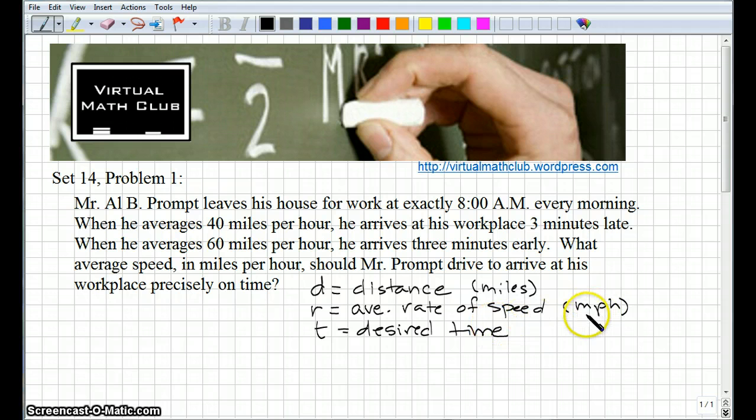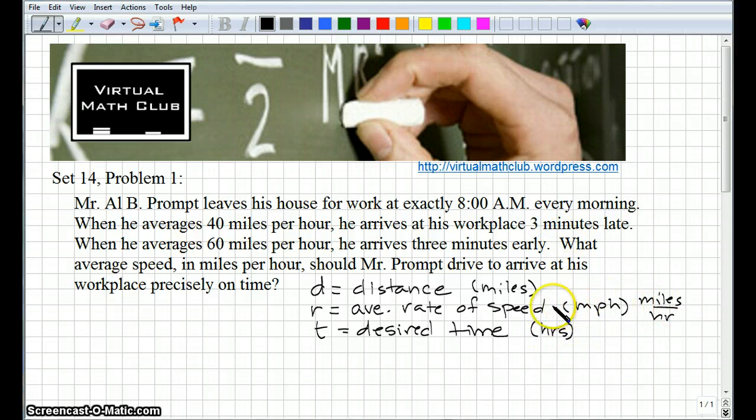Well, if we're working with a rate in miles per hour, then our time has to be in hours. We have to be careful about that because we're given some times in minutes, and we have to convert that to hours in order to make it work out.